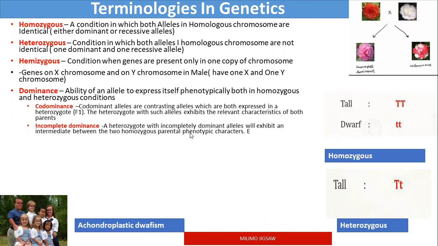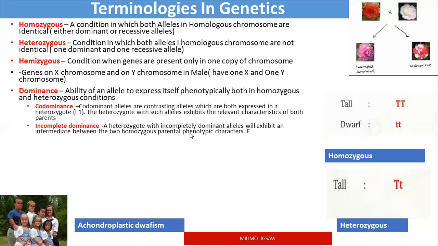For example, if you are looking at coat color, which can be controlled by two alleles, red and white, if we have both capital R's, these signify a red coat.